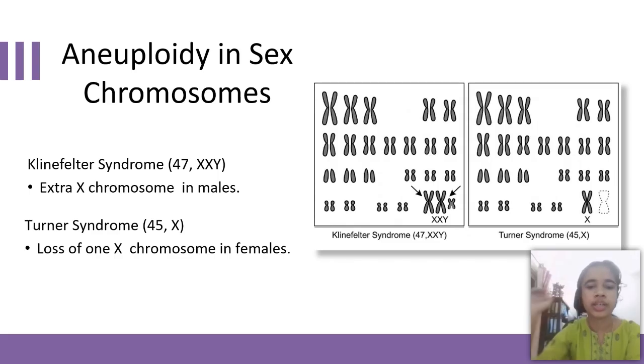Now moving on to the second condition, Klinefelter syndrome, which is 47,XXY. Here the boys have an extra X chromosome, and the body doesn't know which X to turn off completely. As they grow, they will become taller and have less body hair. They'll have reduced fertility.